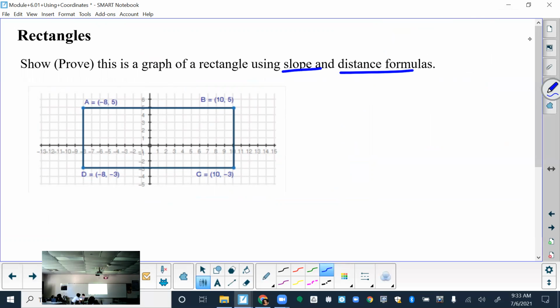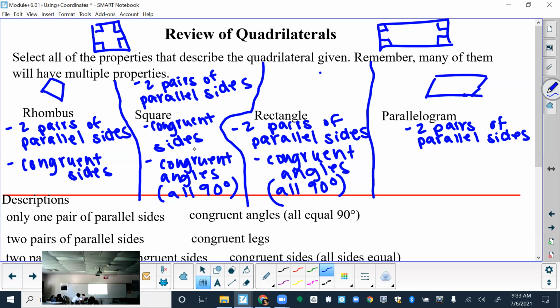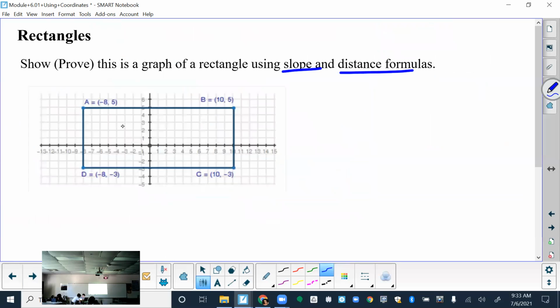Because rectangles, if you look at the criteria we just talked about, have two sets of criteria, we need to prove that the two sides are parallel and that they make congruent angles. So I can prove that these are parallel to each other, like these first two sides, by figuring out the slope.